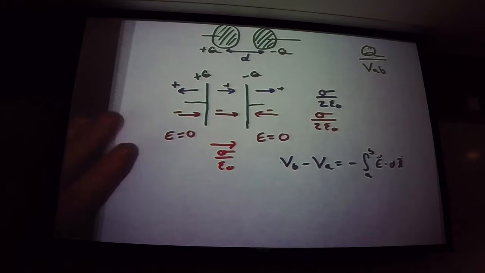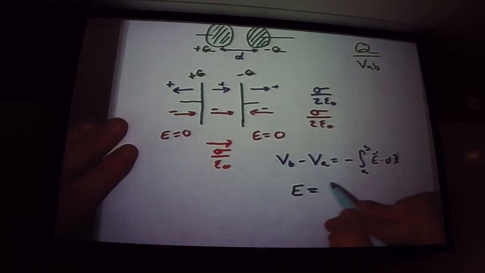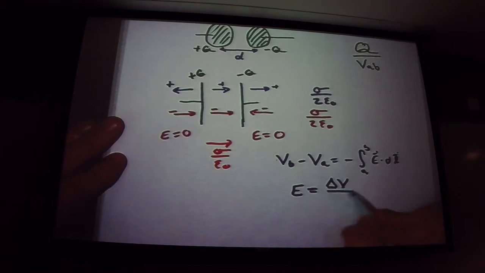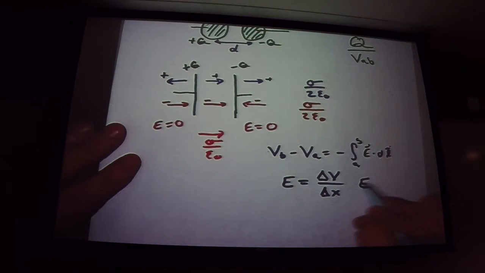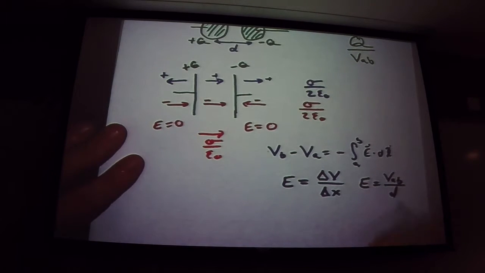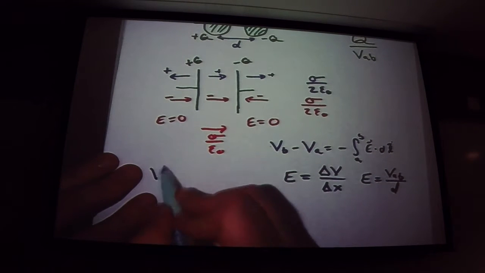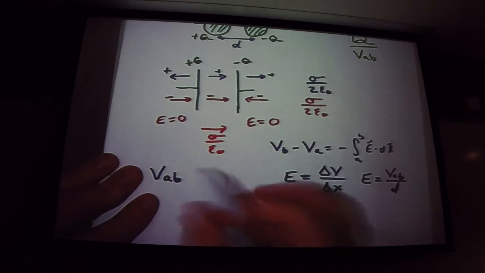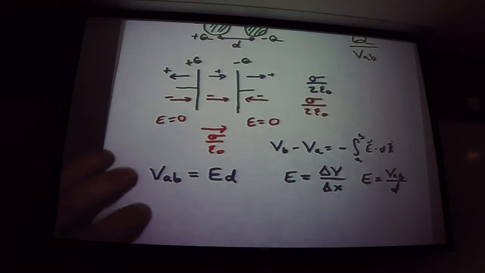If we look at this other one, the electric field is the voltage across the plates, delta V over delta X, or delta S. In this case, it just turns out that the electric field is equal to VAB divided by the distance D. Or that my VAB that I'm looking for in that formula up there is equal to the electric field times the distance D.